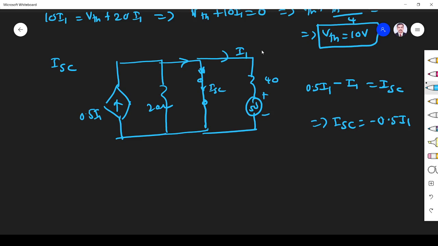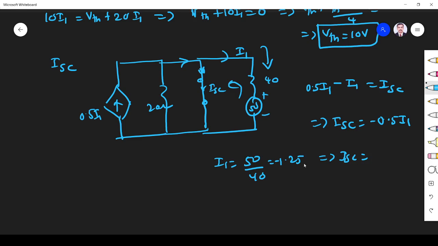So what is I1 here? I1 is given by the voltage divided by R, 10 by 40, so it is 1.25. But this current goes in the opposite direction, so it must be minus 1.25. So I1 we got as minus 1.25.